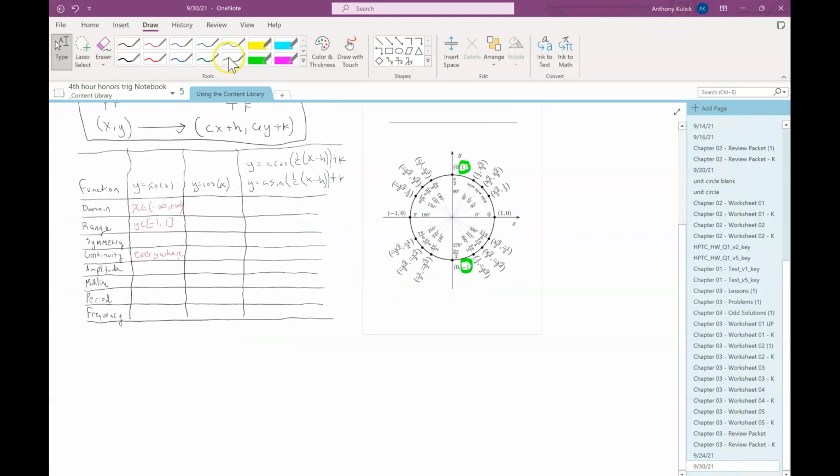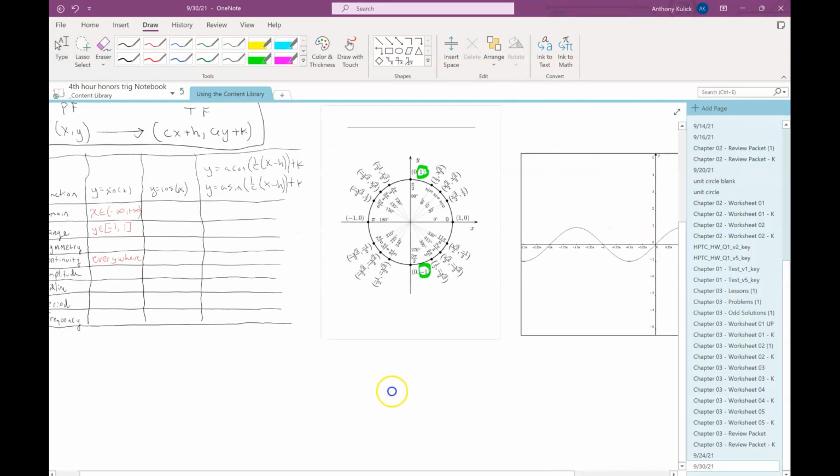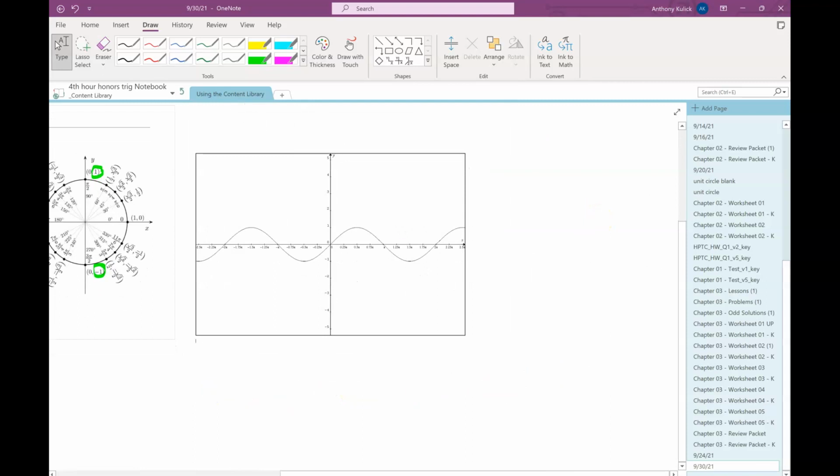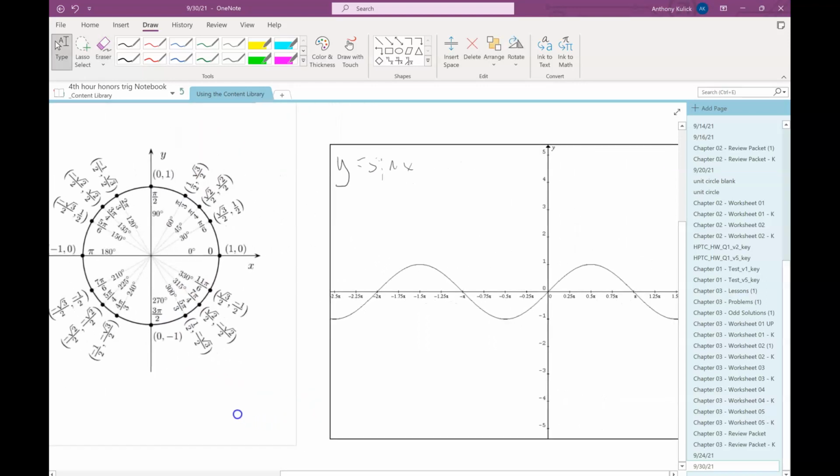Okay. So the graph of sine looks like this. And you're probably going, how in the heck do you get something that looks like this?